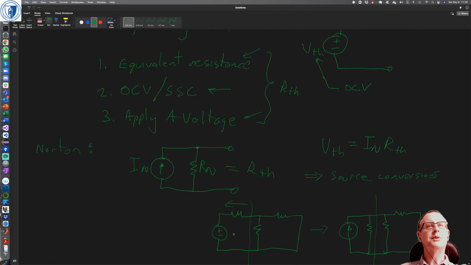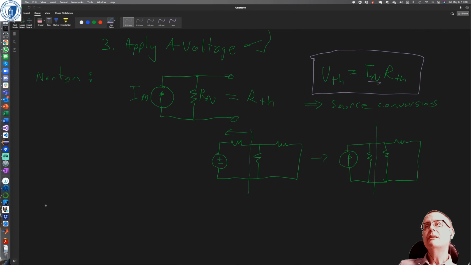And again, the three things all follow that equation. So if you know what VTH and RTH is, it's very easy to find IN, the Norton. And the Norton resistance is equal to the Thevenin resistance. Okay?